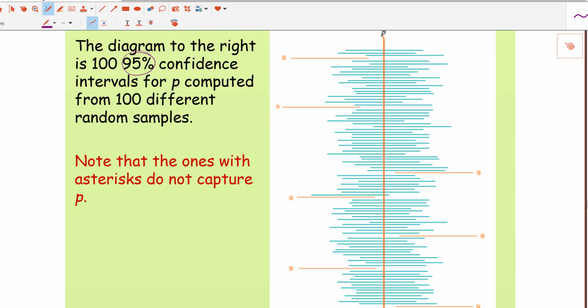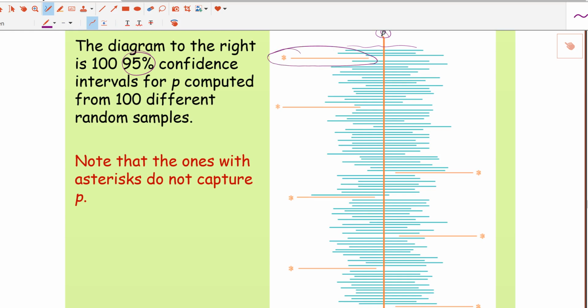They just calculated sample after sample after sample, and these lines represent the confidence intervals, and P is actually the population characteristic.